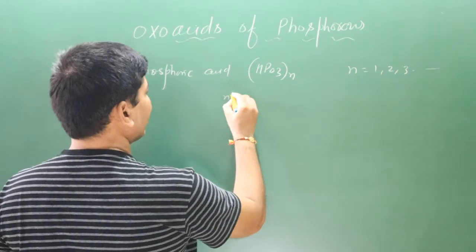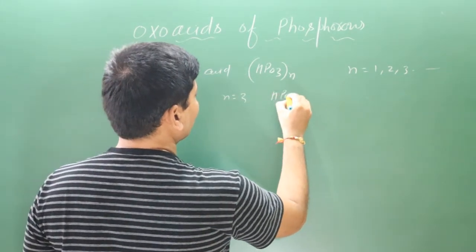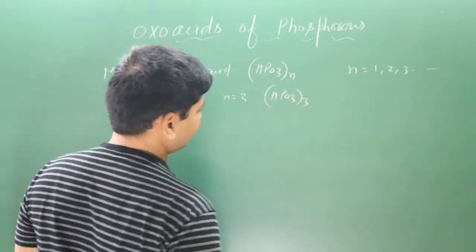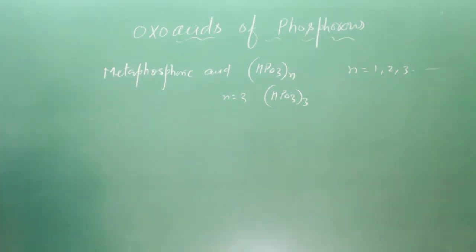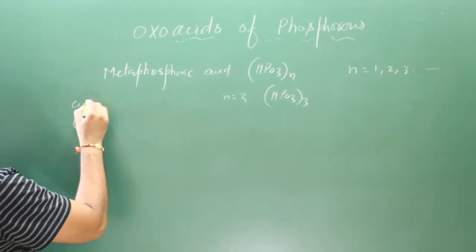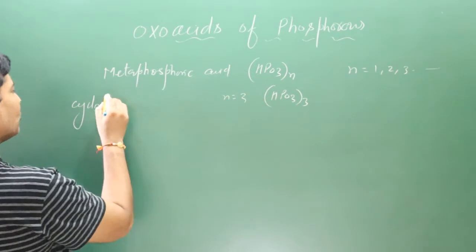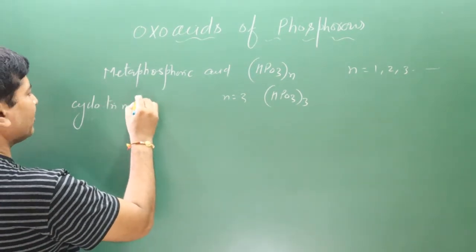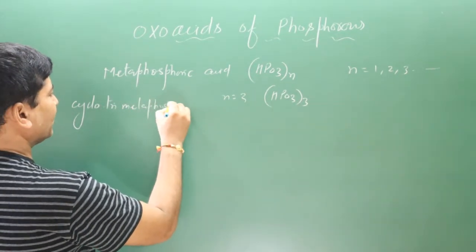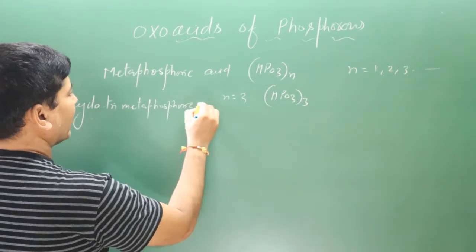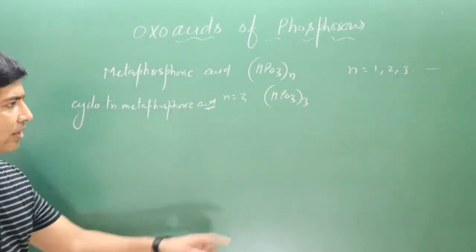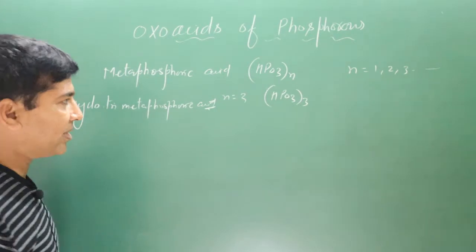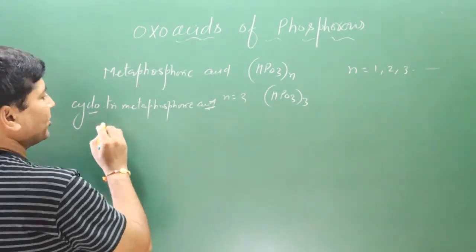If I take n as 3, it becomes (HPO3)3, cyclotrimetaphosphoric acid. Odd number of oxygen, P-O-P linkage will be there, and a cyclic structure because we have added cyclo.